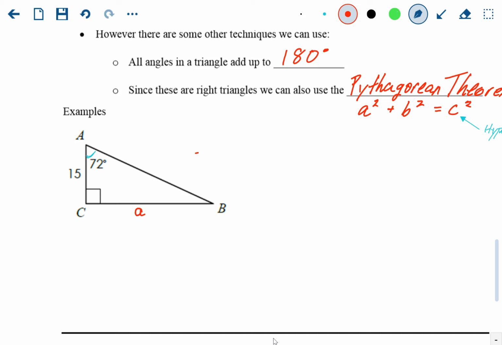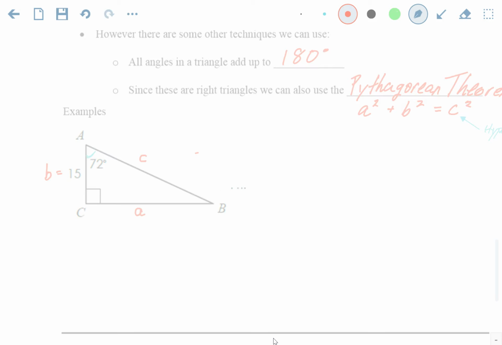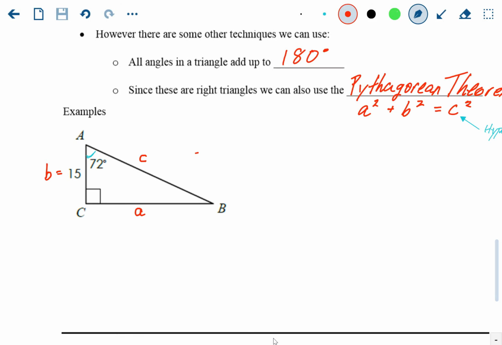So across from angle C is going to be side c. And then this would be side b, but we already know it. Alright, so we know side b. We don't know side c, and we don't know side a. So we have to find those. And we know angle C is 90, we know angle A is 72, but we don't know angle B.